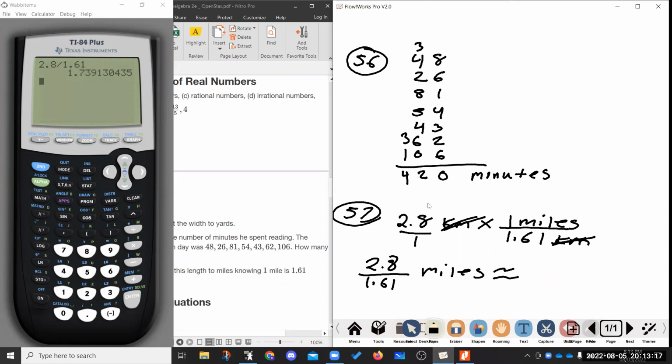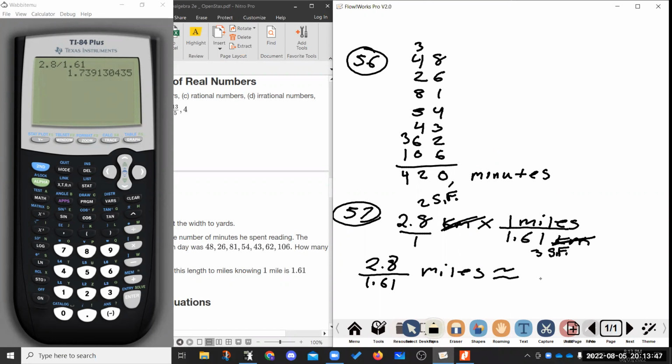This one has 2 significant figures, and this one has 3 significant figures. So we can't be any more specific with our answer than the one that had the least number of significant figures.